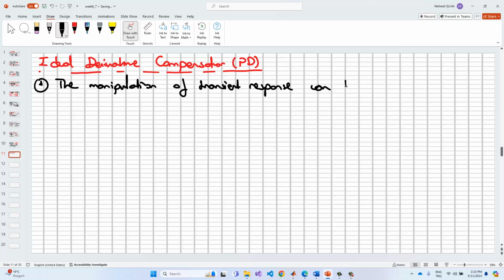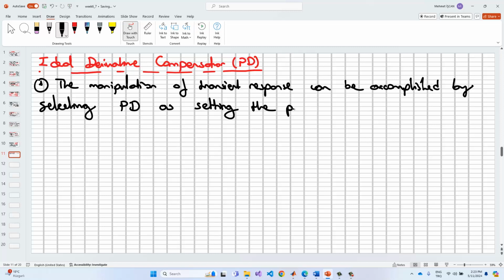And so can be accomplished by selecting the PD as the setting, the pole or poles on root locus, right?